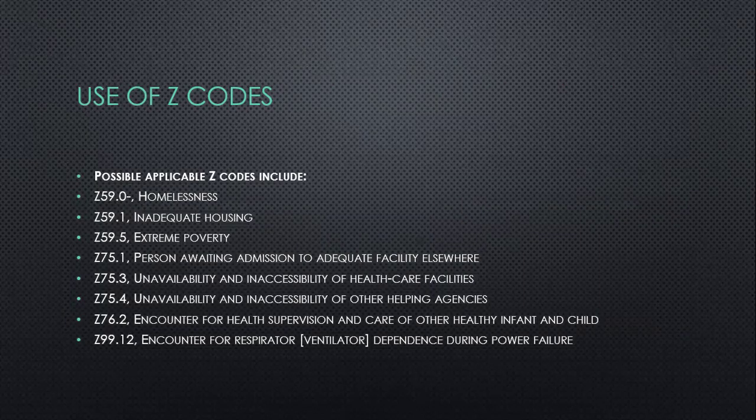So here are just a few examples of some of the Z codes that you may encounter. So Z59.0, as you can see, we have a dash there, which means it requires an additional digit or character, for homelessness. That is a social determinant of health. Now, you may or may not know that social determinants of health codes are not required.